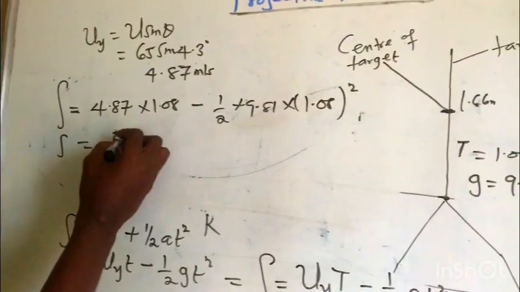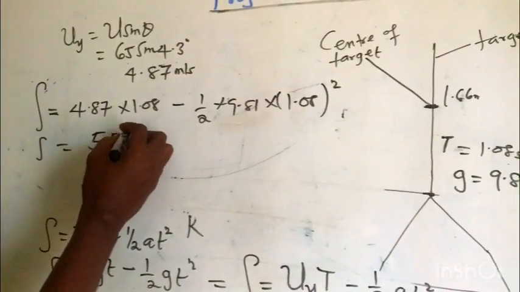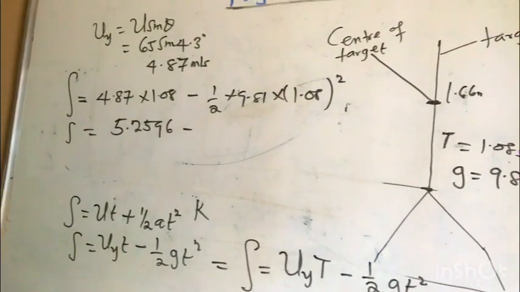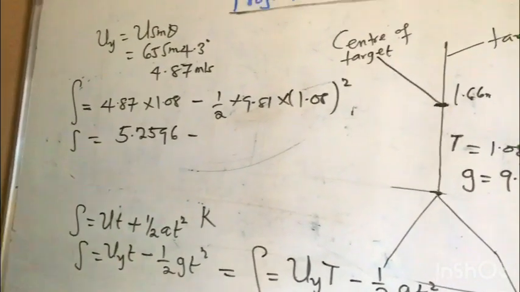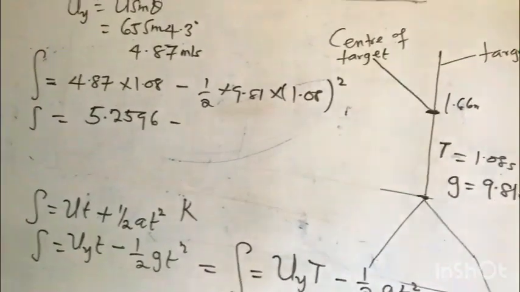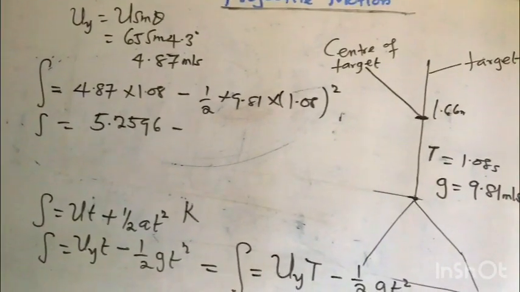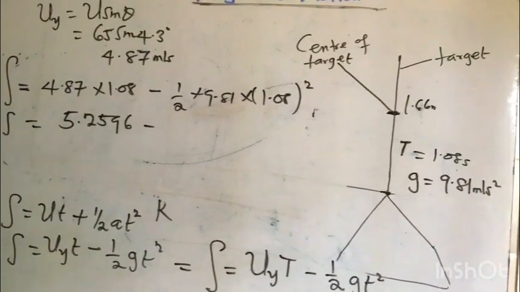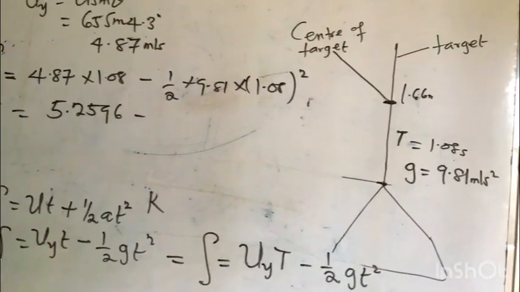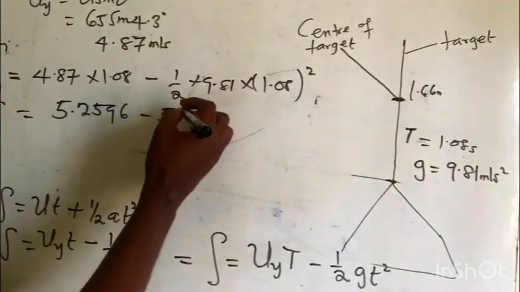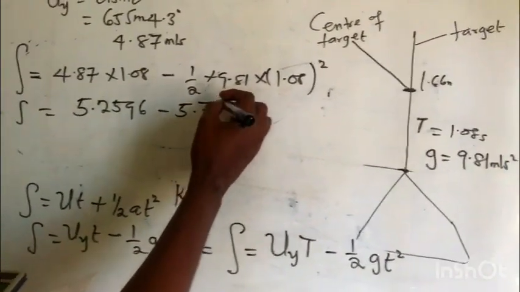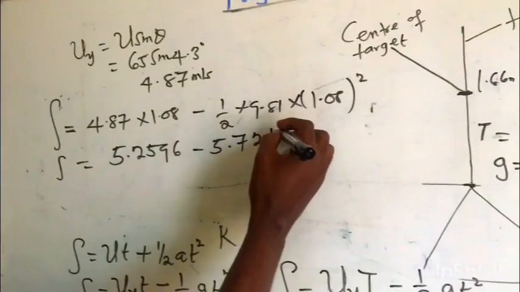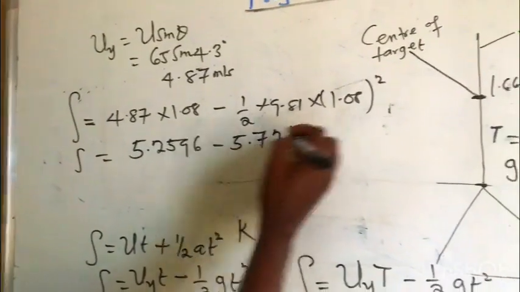So that means 5.2596 minus 1.08 squared multiplied by 9.81. This one is just multiplied by 0.5, which gives 5.7212.